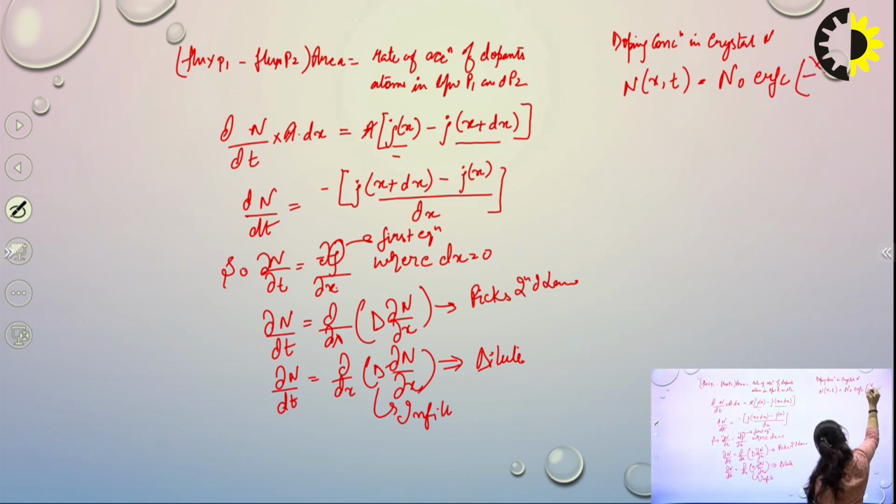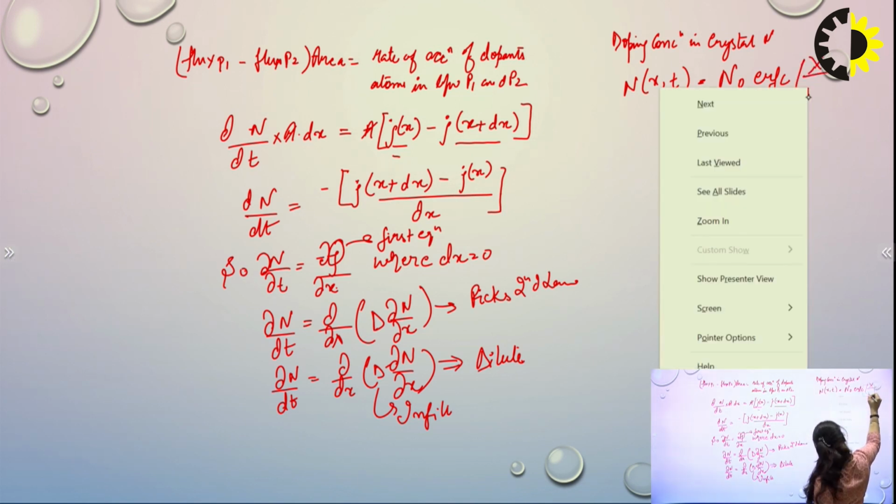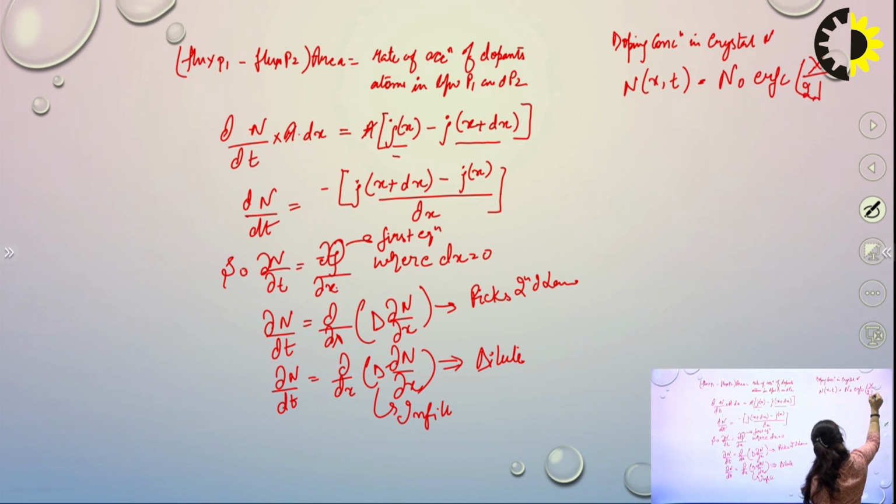2 under root of Dt, okay, where D is the diffusion coefficient and t is the time.